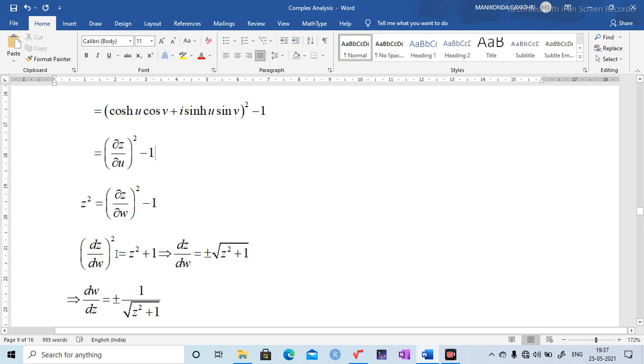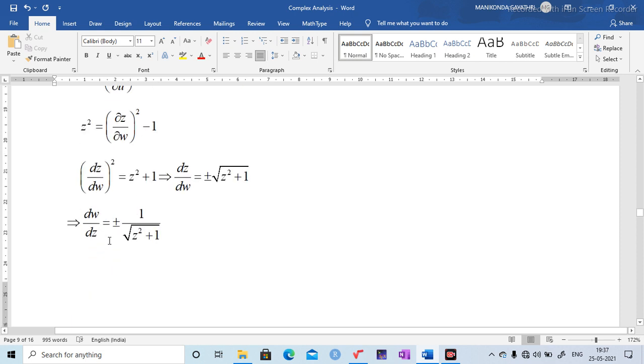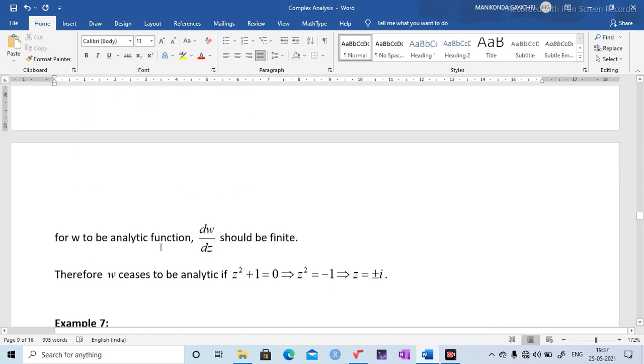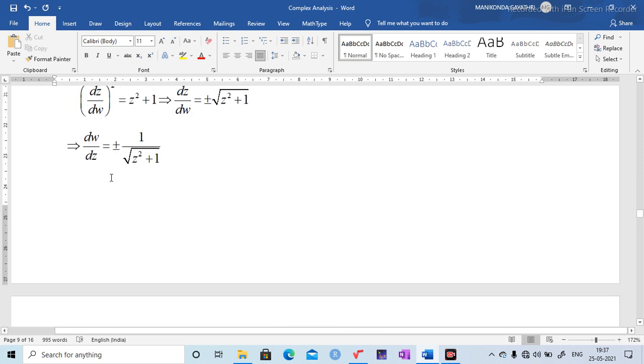Taking square root on both sides, dz by dw equal to plus or minus root of z square plus 1. Now reciprocate: dw by dz equal to plus or minus 1 by root of z square plus 1. So w is an analytic function whenever this value is finite.